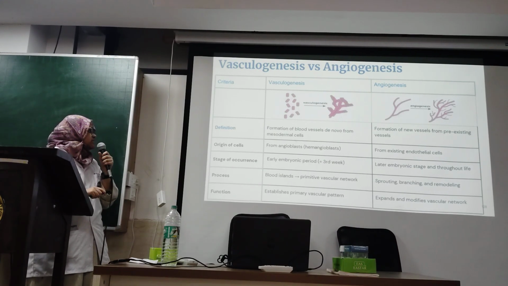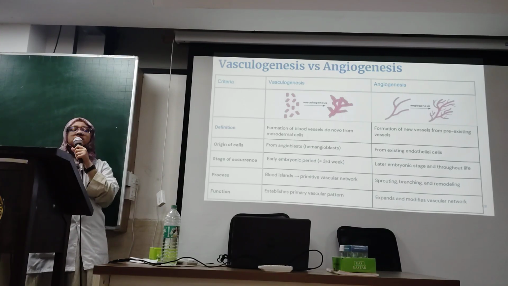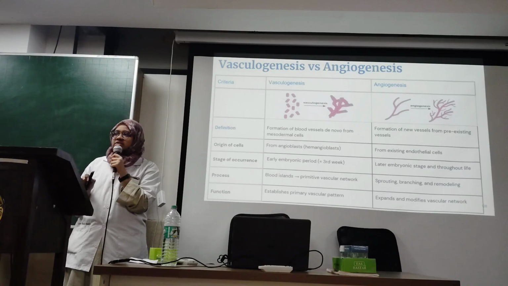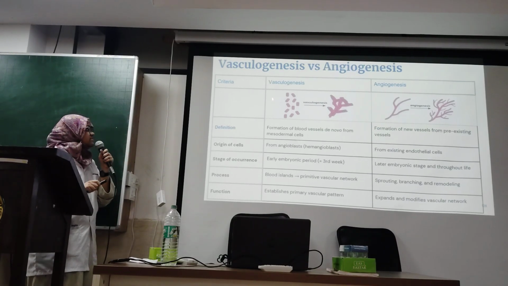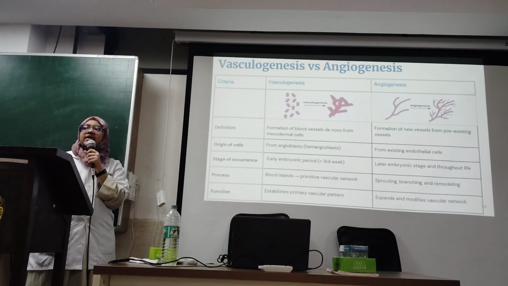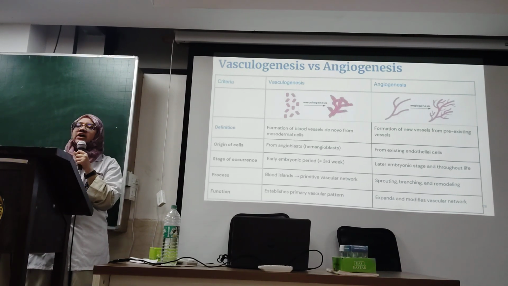The function of vasculogenesis is establishment of the primary vascular network, whereas angiogenesis is modification and expansion of the vascular network. Also, vasculogenesis occurs in the early embryonic period, while angiogenesis occurs throughout life as the need for perfusion increases in our body.